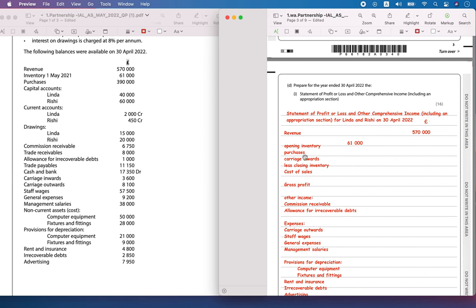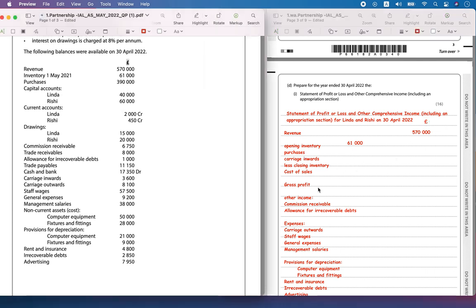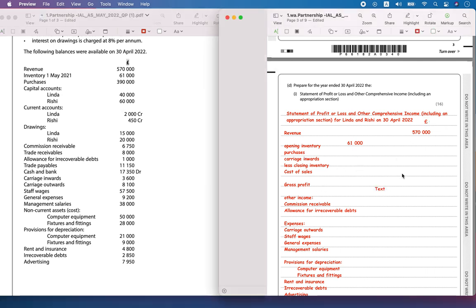Everything is in pounds. Then purchases is 390,000. Then we have the carriage inwards, 3,600.